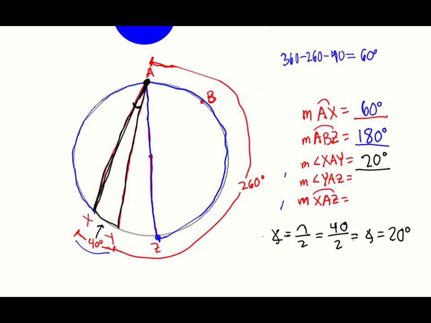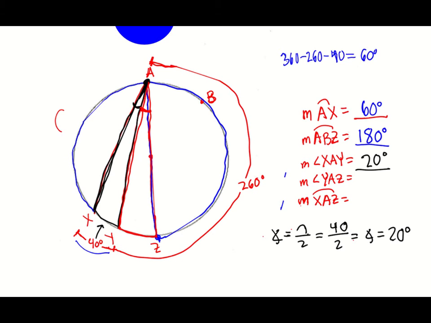Then if we are looking for the measure of angle YAZ, which is right here, Y to A to Z, which is this angle right in here, we are going to use our same formula. But in this case, our arc right here is what we need to find first.